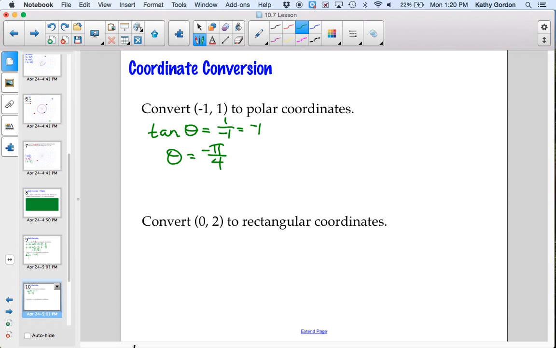Okay? Now, what about r? How am I going to figure out the r value? R squared is equal to x squared plus y squared, square root of 2 squared. No, square root of 2. Thank you.